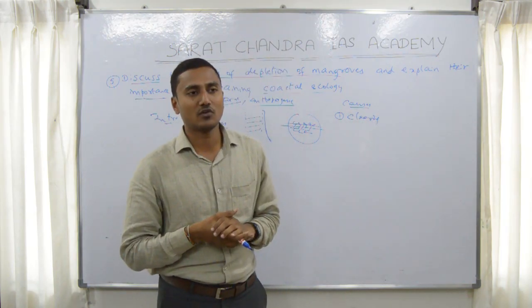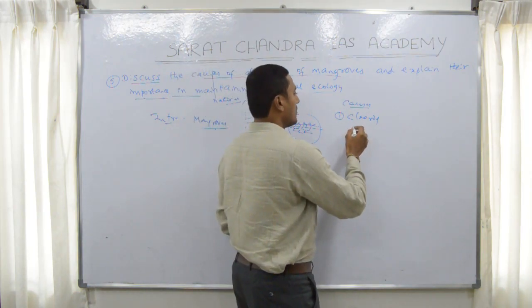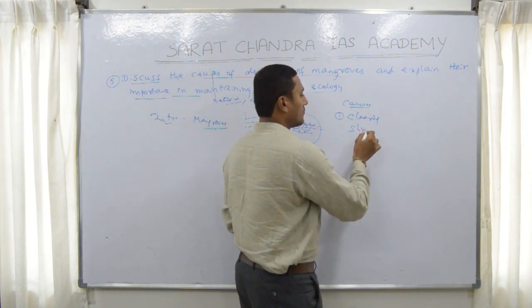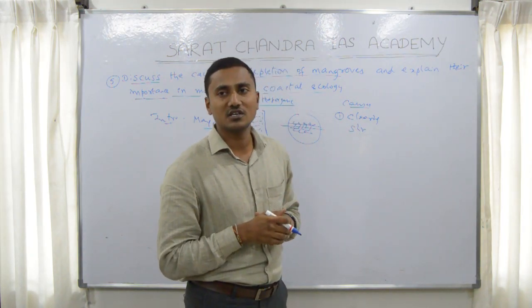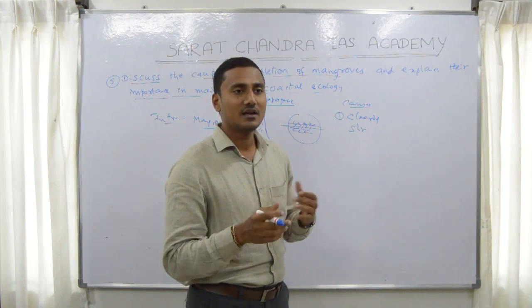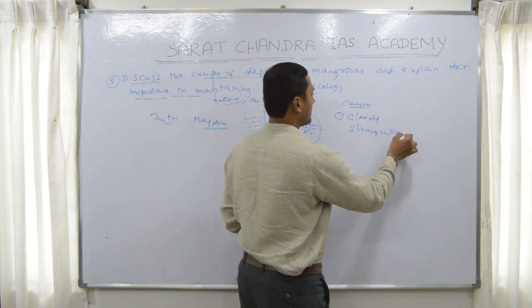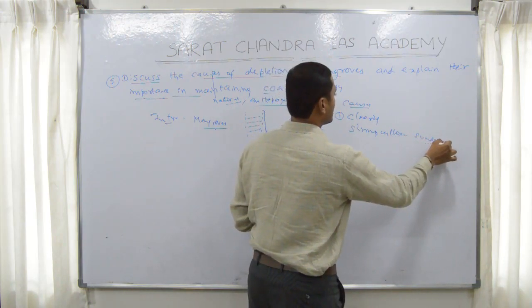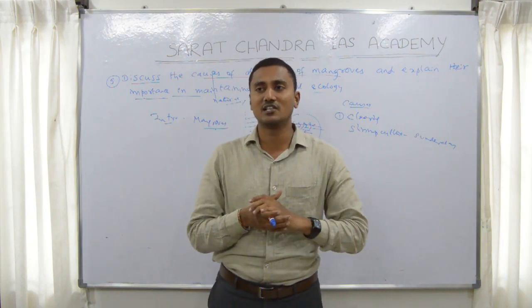Why do we clear the mangroves, human beings mostly? For several reasons. For example, one is for aquaculture. For example, in Sundarbans, for shrimp culture, a lot of mangroves have been deforested. Similarly, some people clear mangroves for doing agriculture.